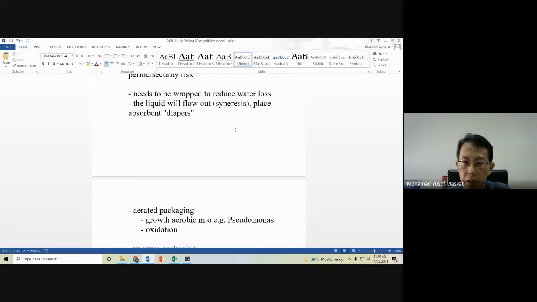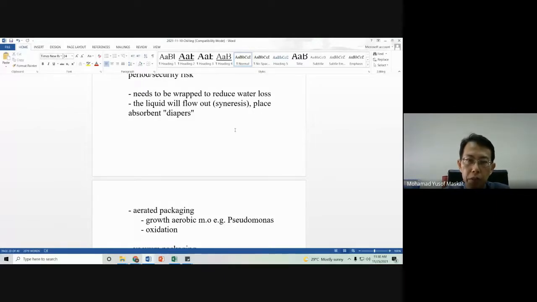When we reduce temperature, in general the amount of water in the air will also decrease. Then the moisture that is higher in the poultry will migrate out into the air, and that will cause dehydration of the poultry.